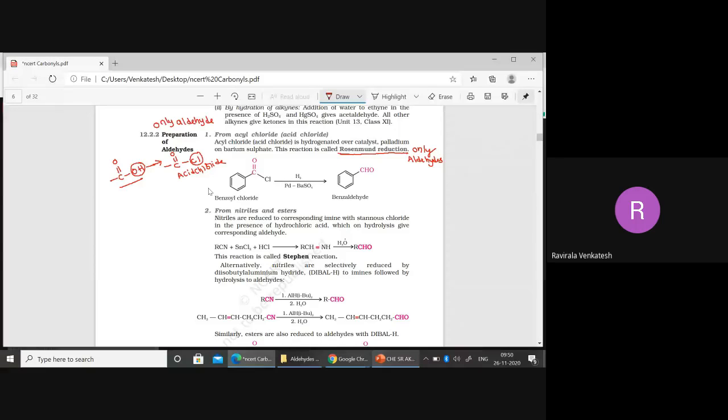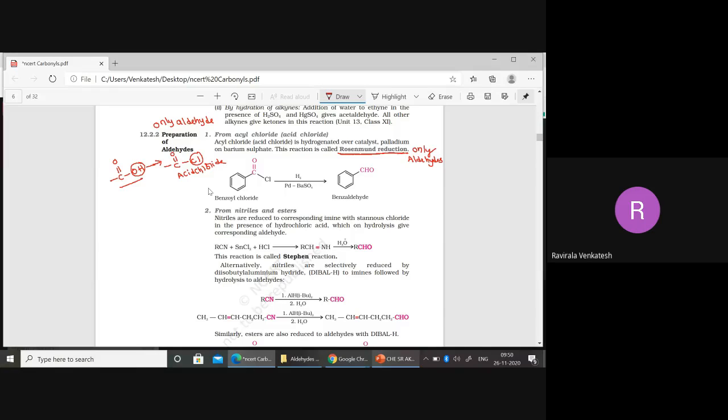Rosenmund reaction is a name reaction, a very, very important reaction. Do you get ketones in Rosenmund reaction, beta? No, sir, you don't get any ketone.